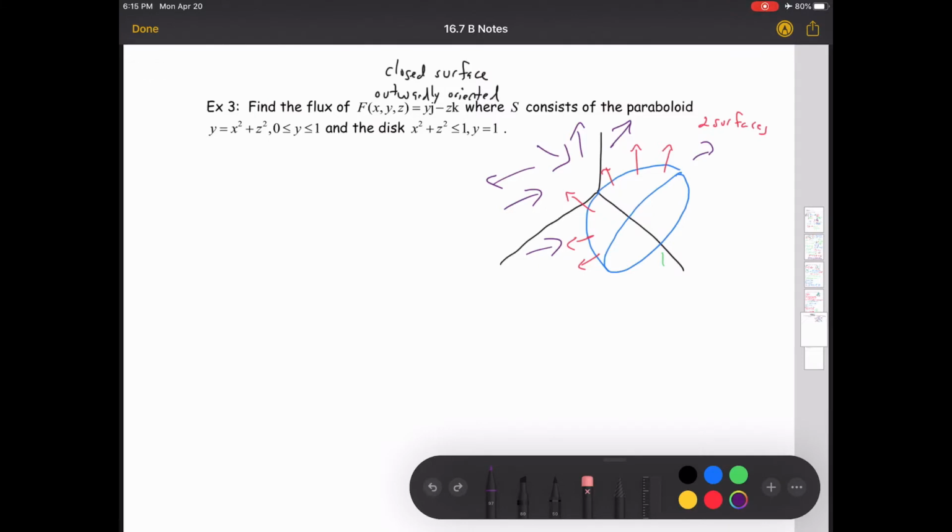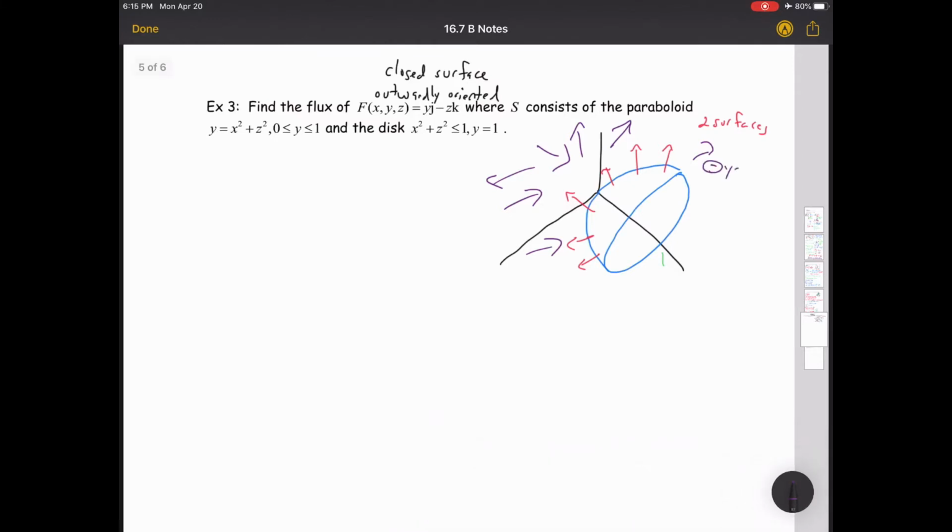So we've got the two parts. The paraboloid portion, we want it to be perpendicular to the surface. So as you can notice here, it doesn't matter if it's going up or not in this case, we want something which is going in the negative y direction. So that's what we're specifically looking for. For the paraboloid portion, we want to have a negative y direction, or a negative j value.